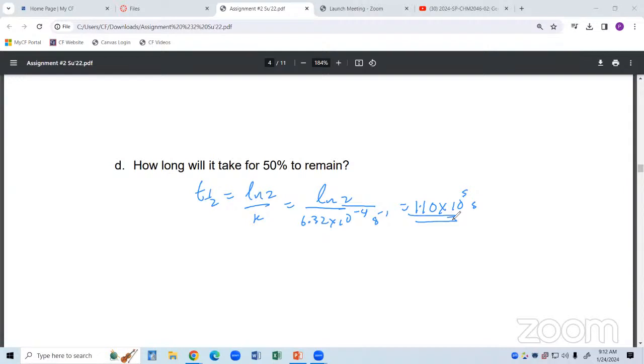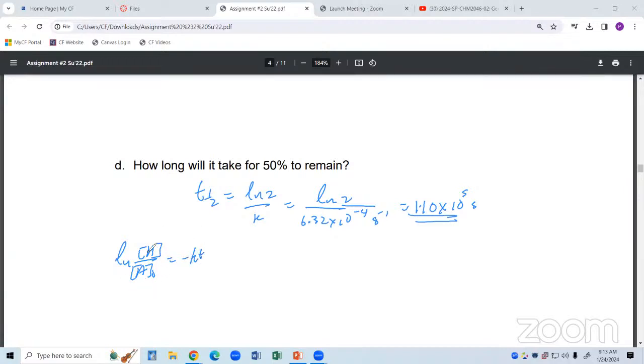I'm sorry? Why is it? Because of how we derive the equation. Let me just do this quickly. The equation that we have for the first order reaction relating concentration to time is ln A over A0 equal to minus Kt, right?